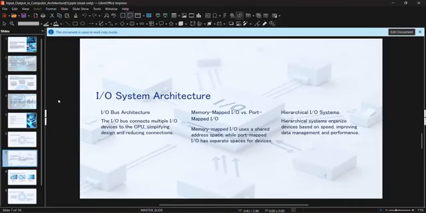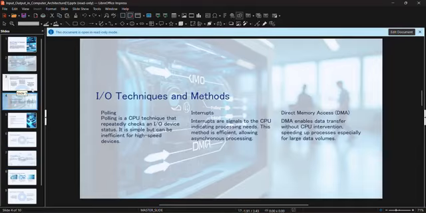Now let's quickly look at the input output techniques and methods, or the input output data techniques and methods. So we have the polling technique, or the polling method.